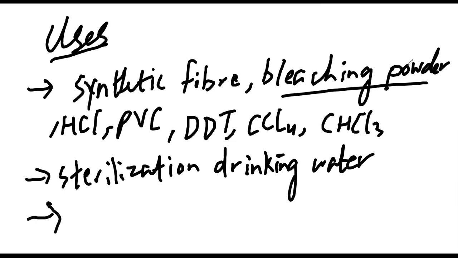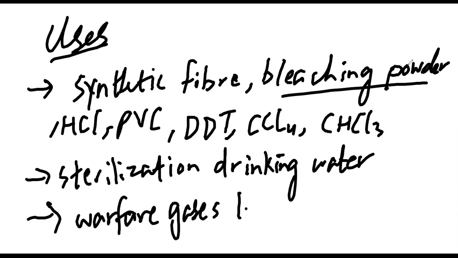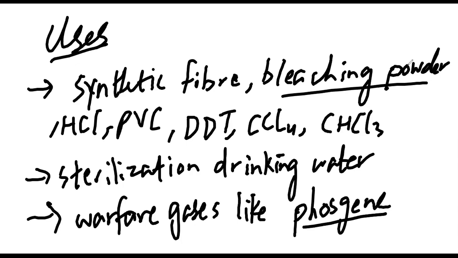Also used for warfare gases. Warfare gases means like phosgene. You have to remember this for MCQs; it has been in the past papers. So chlorine is used in the manufacture of warfare gases like phosgene, chloropicrin, and mustard gas.